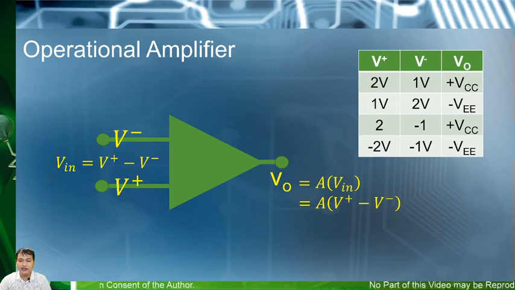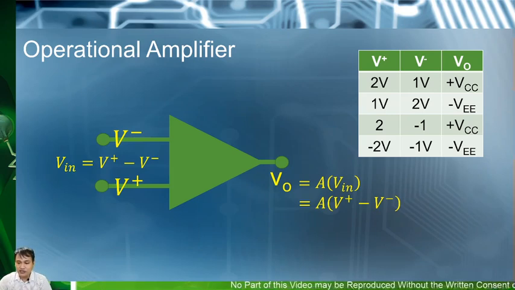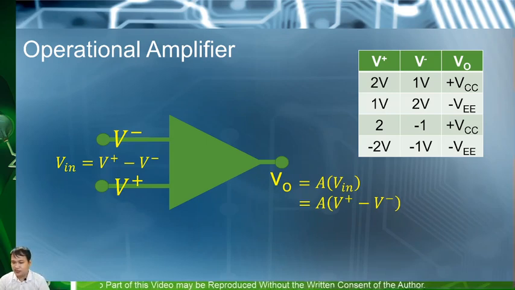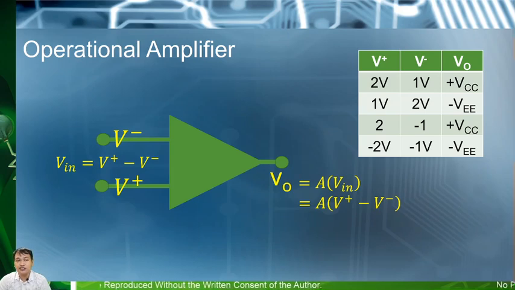If we apply 2 volts to the non-inverting terminal, and positive 1 to the inverting terminal, 2 minus 1, which is equal to positive 1, times the gain of the op-amp. The output would be the positive VCC. Remember, the maximum output voltage of the operational amplifier depends on the supply voltage.